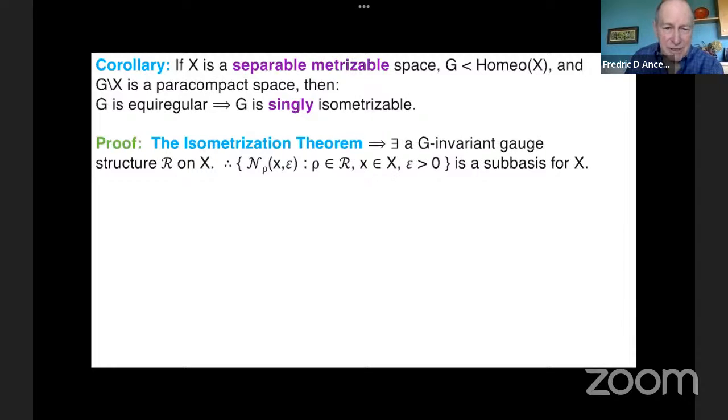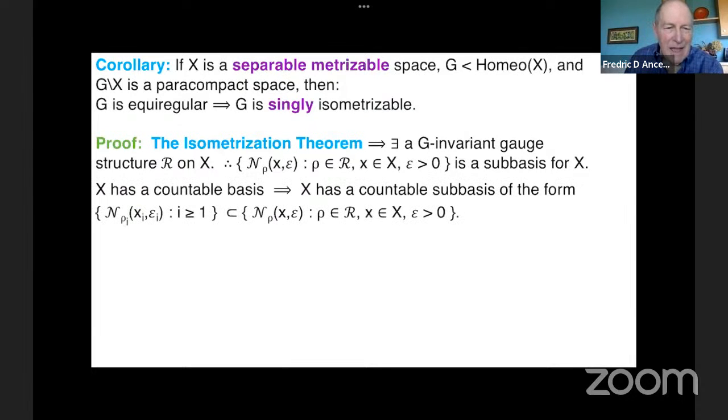So because I have this set of gauges, this collection of neighborhoods is a subbasis. On the other hand, since X is a separable metric space, it has a countable basis. And so this subbasis can be reduced to a countable subbasis.